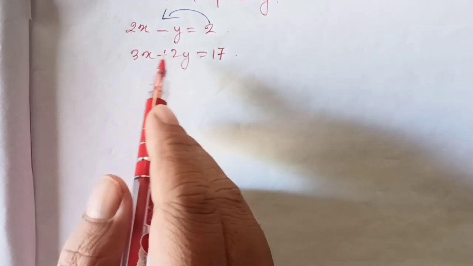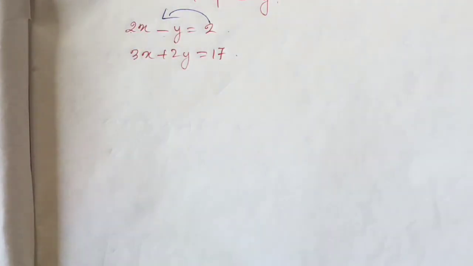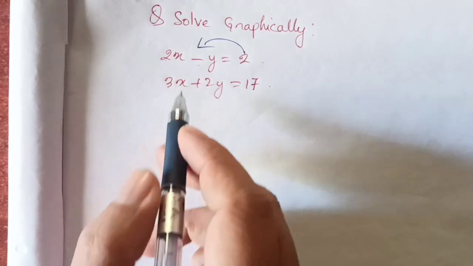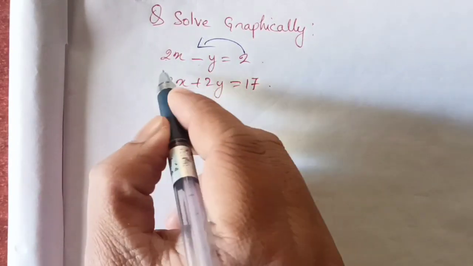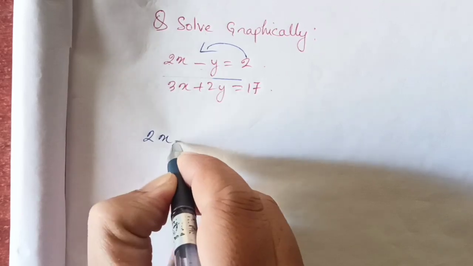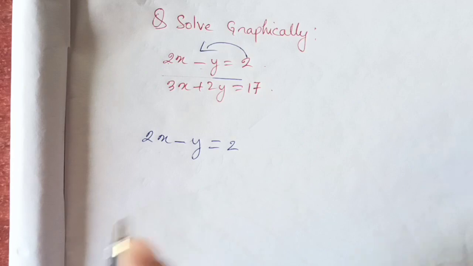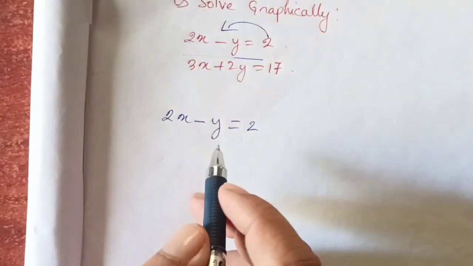So we need to keep this even number alone, then the remaining we need to transfer. So let us start finding out the tabulation. Okay, so first let us find out the tabulation for this equation, that is twice x minus y equal to 2.